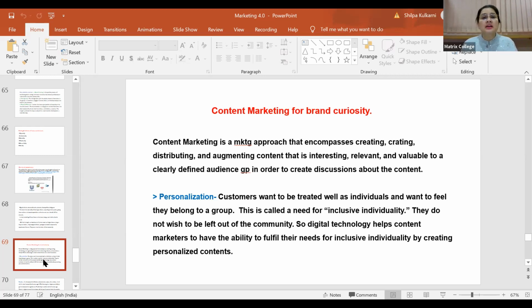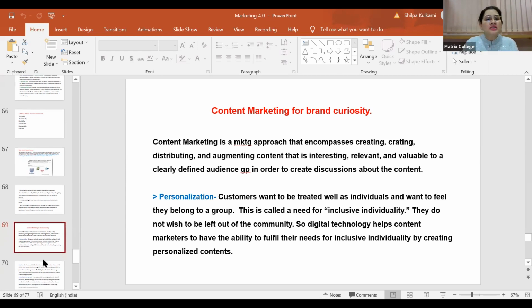So in that we studied about personalization. There are a growing number of customers who expect to have personalized customer experiences that reflect their personal needs, attitudes, and situations. So marketers are capable of creating personalized contents that are relevant to each customer.